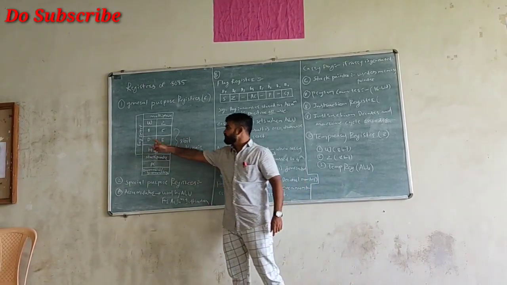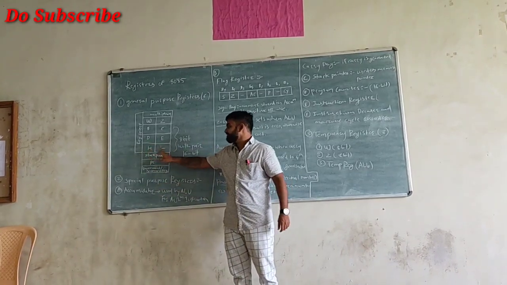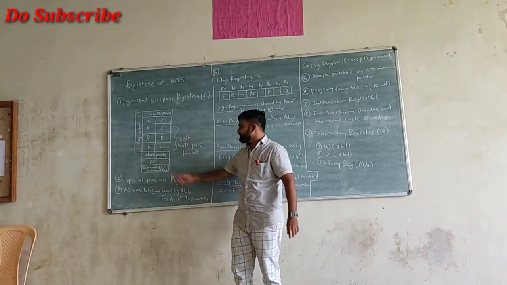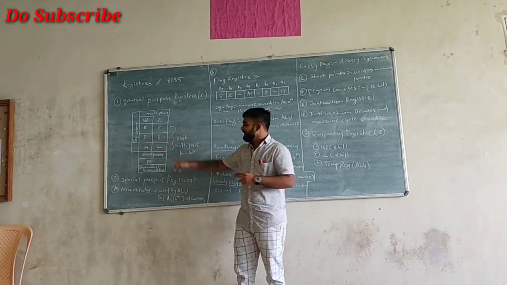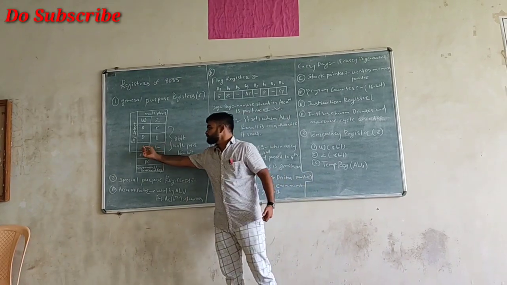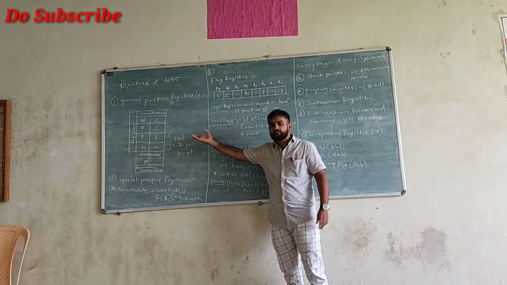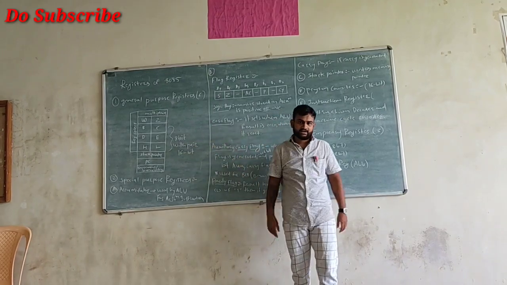For example, we can use BC as a pair, DE as a pair, and HL as a pair. Among them, if we are using HL as a pair, L is going to store the lower 8 bits and H is going to store the upper 8 bits. So this is how general purpose registers work in your 8085 architecture.